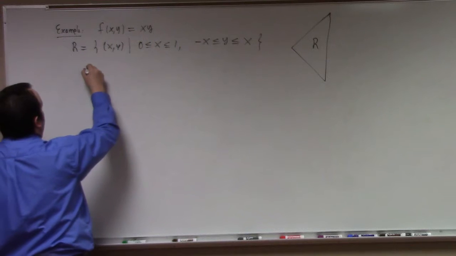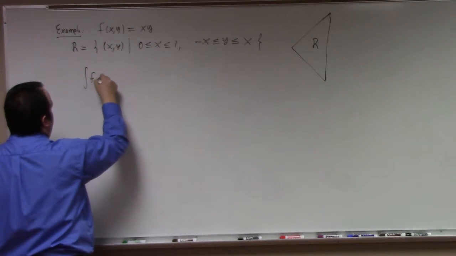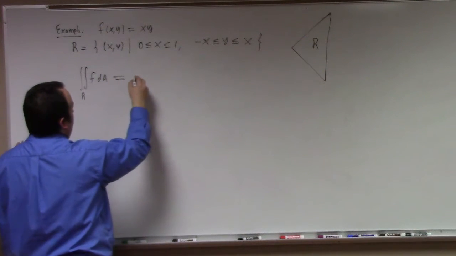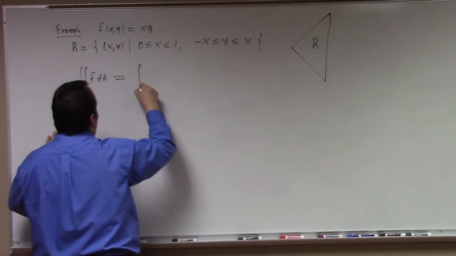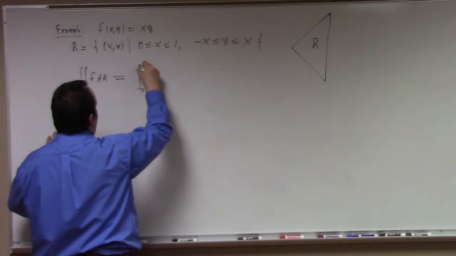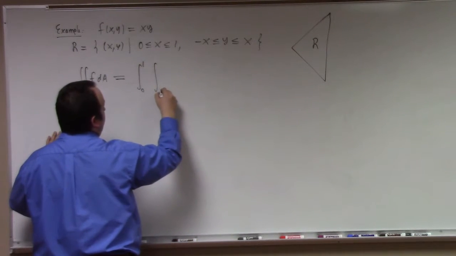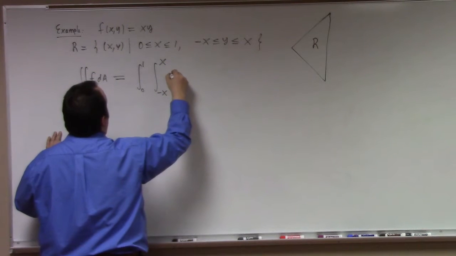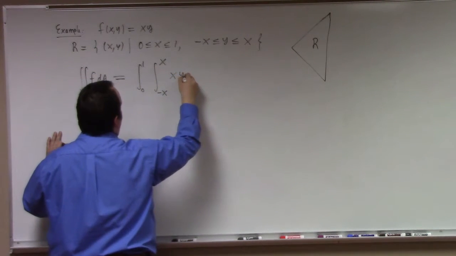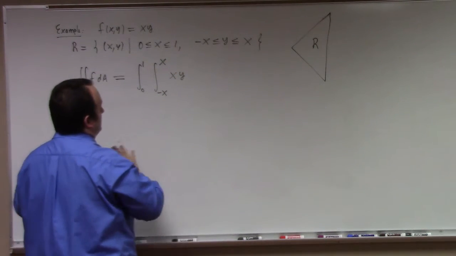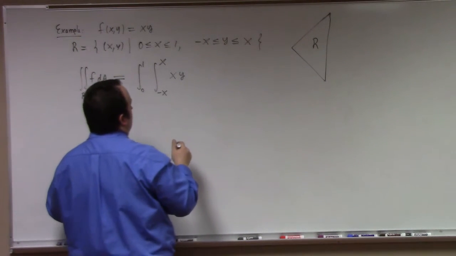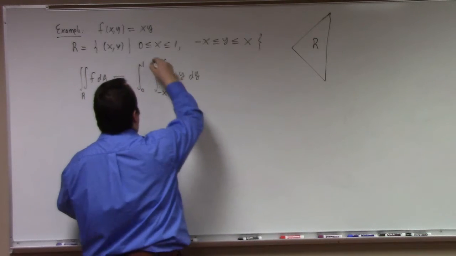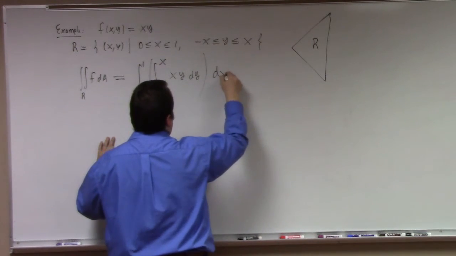So if we want to calculate the integral of f dA over this region, we're supposed to do what? Integrate from 0 to 1, integrate from minus x up to x of x y, which comes first, dy or dx now? Yeah, the dy. Then dx.